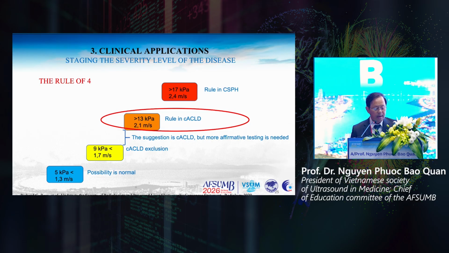Based on elastography velocity of the liver, we can rule in or rule out compensated advanced chronic liver disease, and it's very important for the clinician, the hepatologist, to know the patient with compensated advanced chronic liver disease and clinically significant portal hypertension as well.